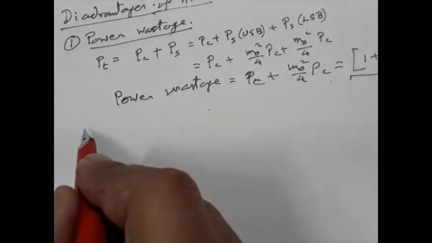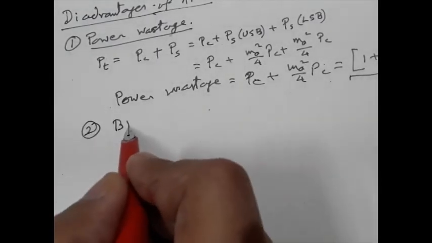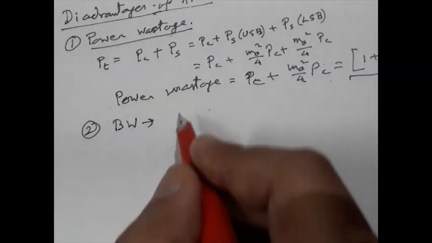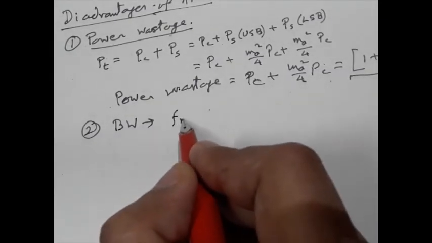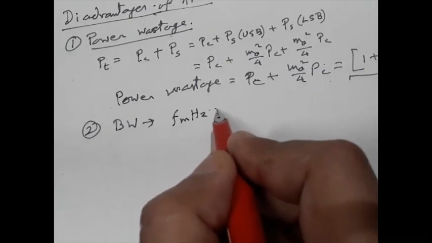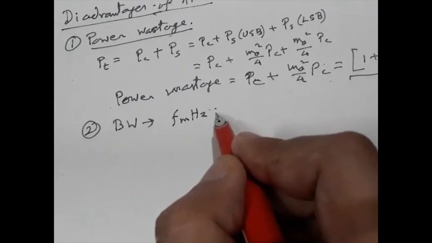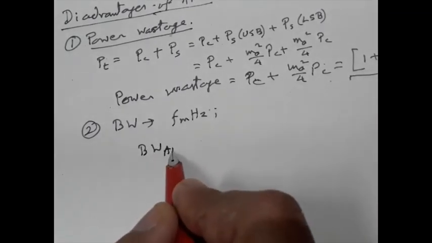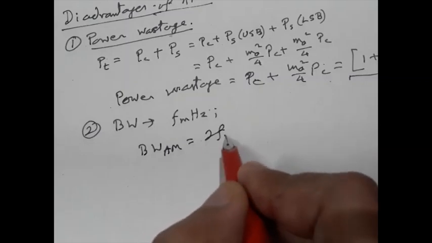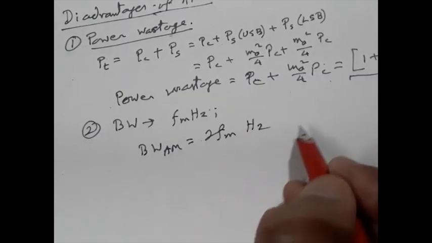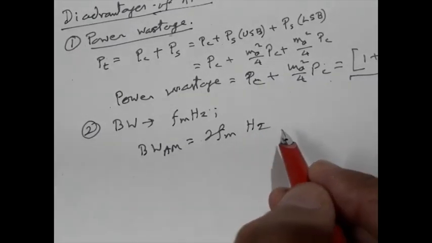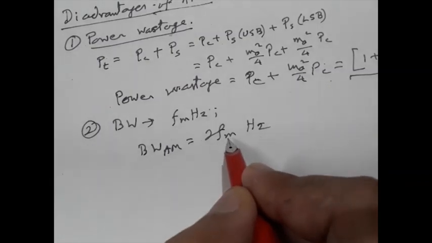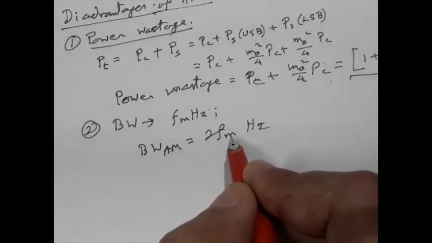Next problem is the bandwidth. If fm Hz is the bandwidth of the modulating signal, then the bandwidth of AM is twice fm Hz. That means bandwidth requirement is higher than its baseband.